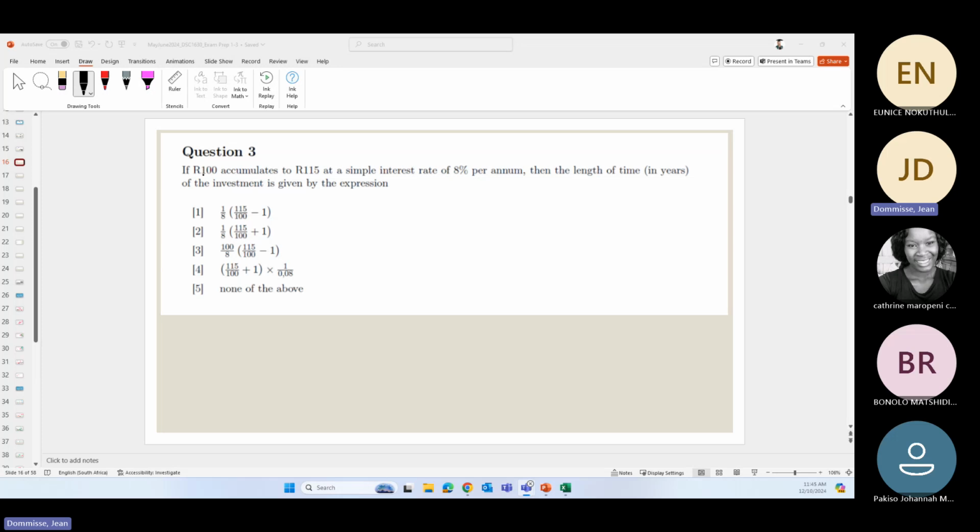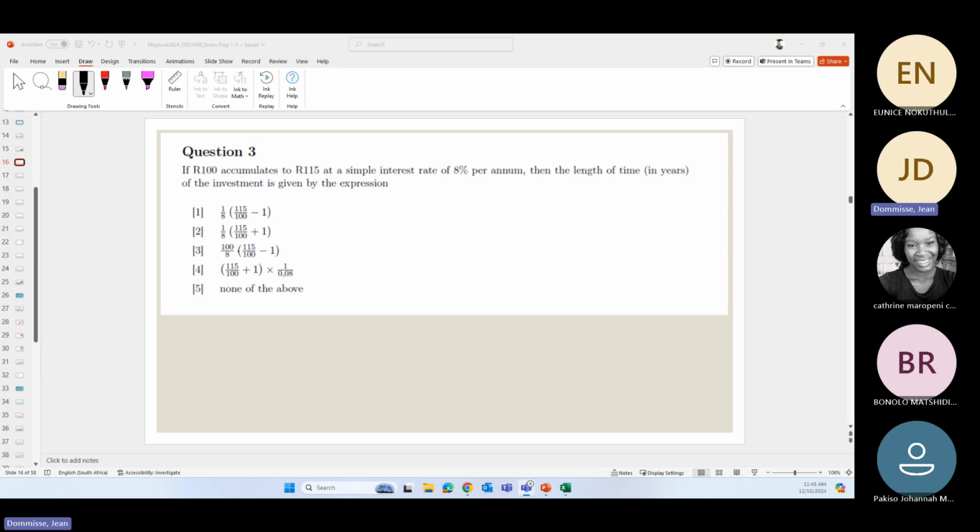If 100 Rand accumulates to 115 Rand at a simple interest rate of 8% per annum, then the length of time in years of the investment is given by the expression.